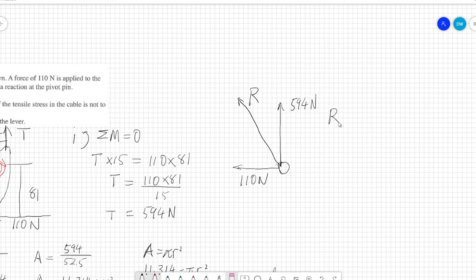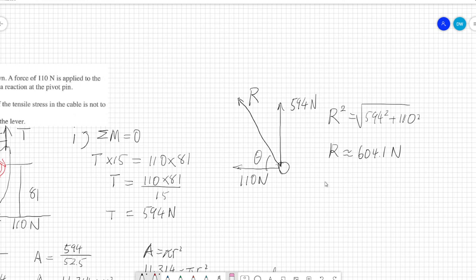So R equals the square root of 594 squared plus 110 squared. In this case, R is approximately 604.1 newtons.